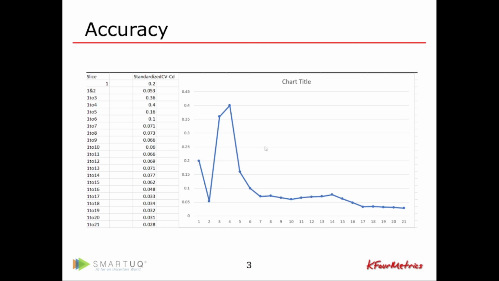As you can see from the chart, at the initial stage there were a lot of fluctuations, and by the time I reached slice 17 and 18, the standardized CV error started becoming more and more constant, which gave me the indication that it is converging. So I stopped at slice 21. Now I know that my emulator is accurate enough for my further studies.